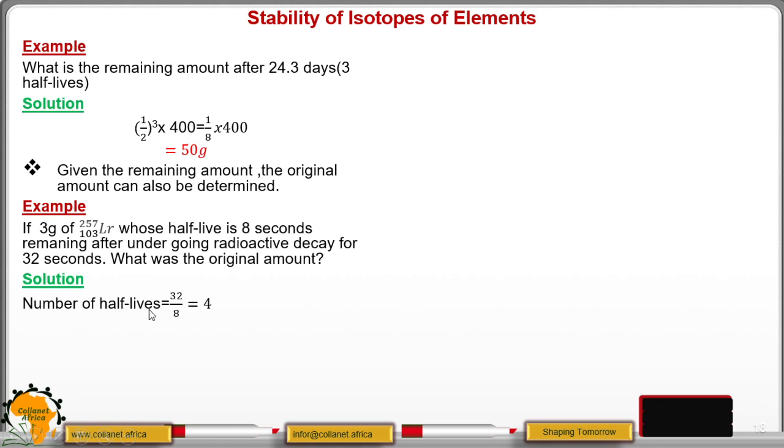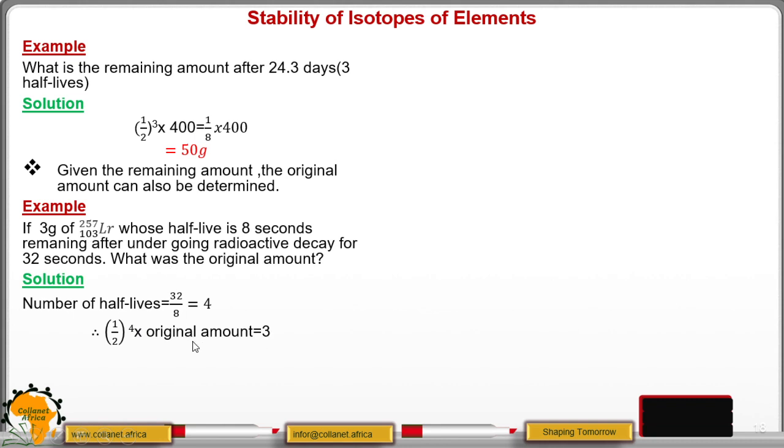The number of half-lives: remember it has taken 32 seconds, and we are given that the half-life is 8. So to get the number of half-lives, you get the total time taken divided by the half-life. So you get 32 divided by 8, you get 4 half-lives. So we are using our formula, (1/2)^n, where n is the number of half-lives, which is 4, multiplied by the original amount is supposed to give us 3.